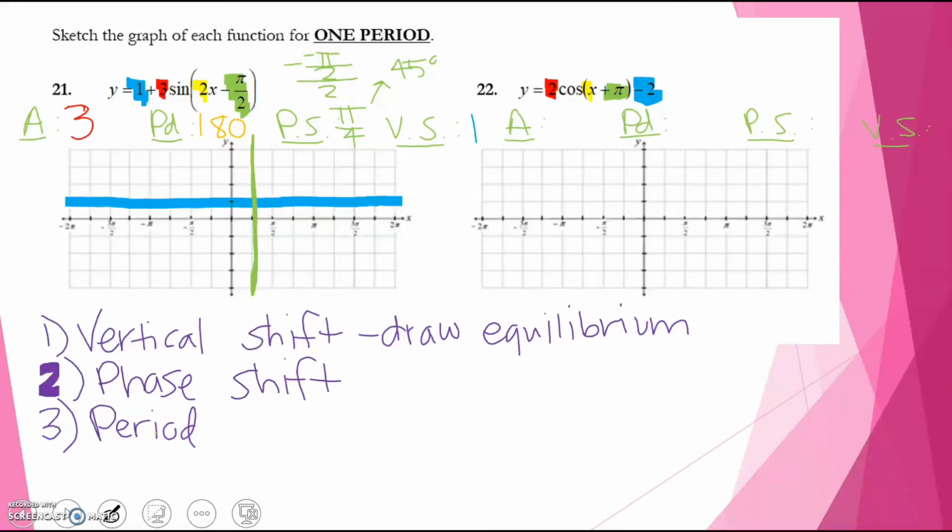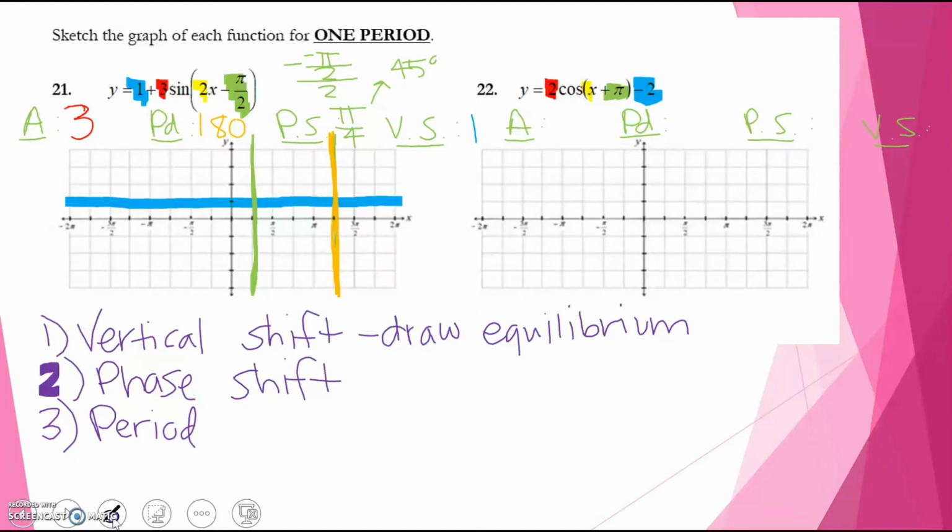So that would end this graph right here. Right there. That's my yellow. Okay, so that's pi. After pi over 4, that's pi away, or 180 degrees away from that.